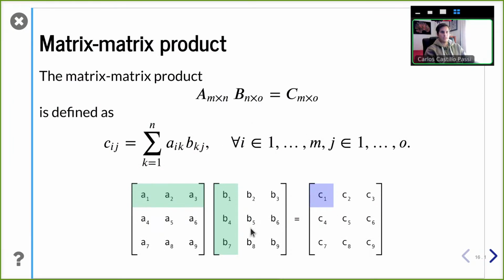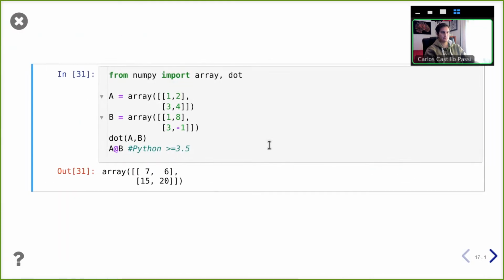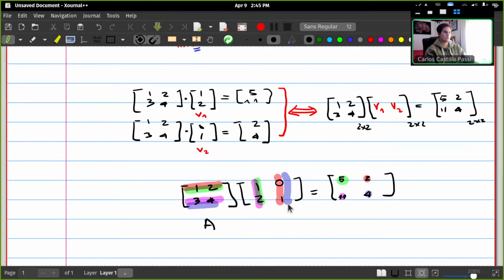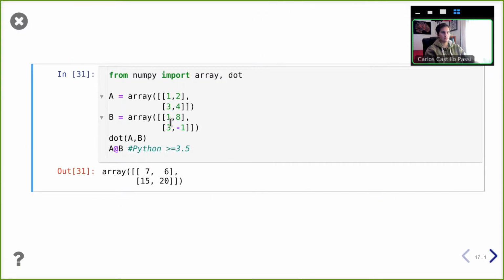Okay, so that's the rules. Here I showed basically a square matrix, but this also works with rectangular matrices. As an example, let's use our matrix 1, 2, 3, 4, and the other one was 1, 0, 2, 1.